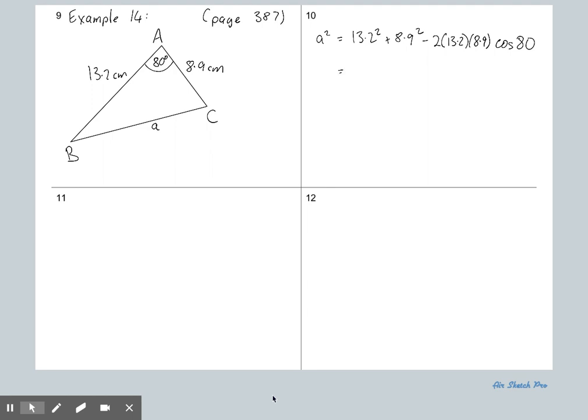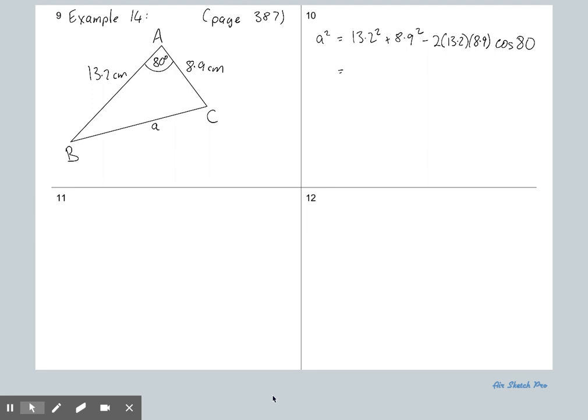The next thing is a calculator operation. I will do it on my phone calculator. And I get from that, oops, that didn't work out well for me.